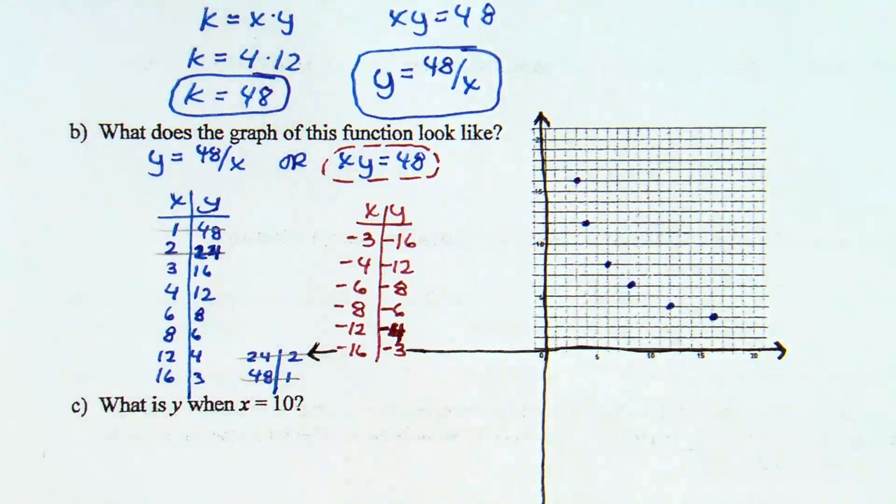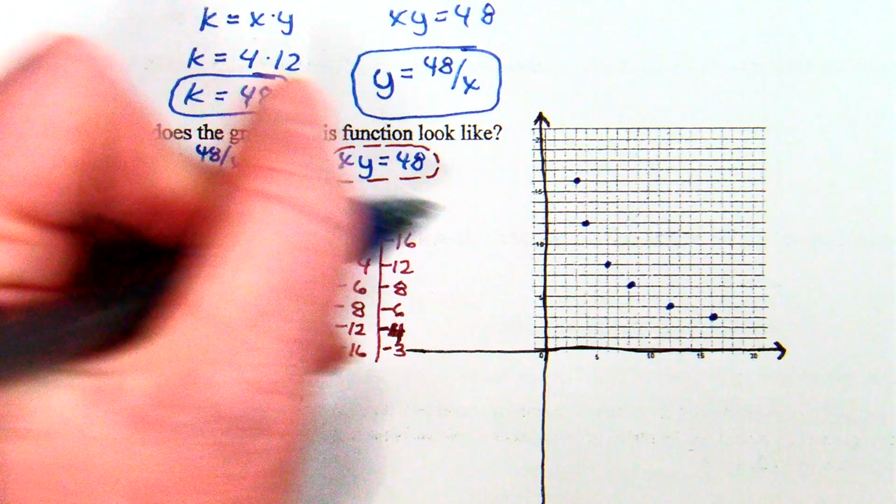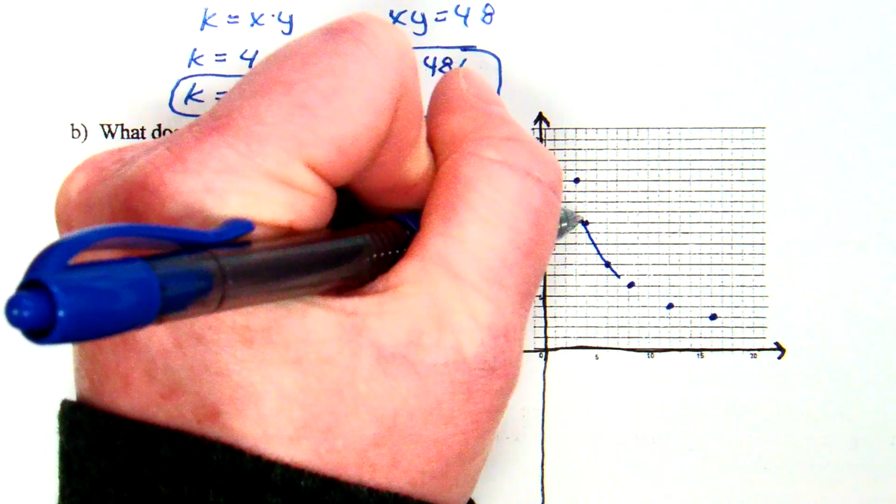And technically there'd be more dots continuing on, yes? Because I opted not to graph (1, 48), (2, 24), and then the reverses. What's this graph doing? Going down. Curving, yeah. There's a curve happening here. Take a guess here, guys.